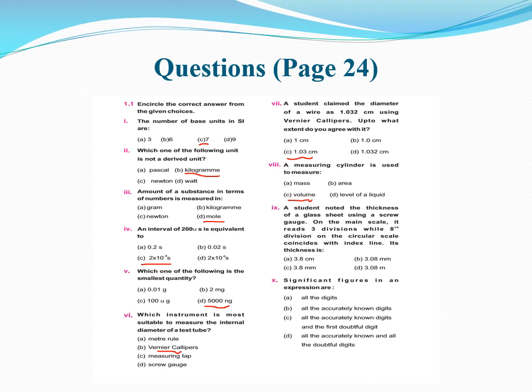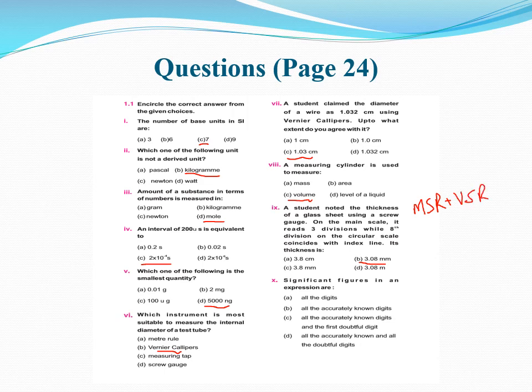It is B, 3.08. How is it? As we talked about in previous lectures, for finding the final or total result, we require main scale reading plus vernier scale reading.